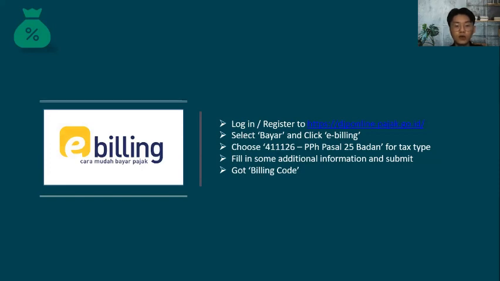Start by logging in or registering at DJP Online, pajak.go.id, and then select Bayar and click e-billing, and then choose 411126 PPh Pasal 25 Badan for the tax type. And then fill in some additional information and submit it, and then we get the billing code. This is the code that will be used to pay the tax at an ATM or mobile banking.